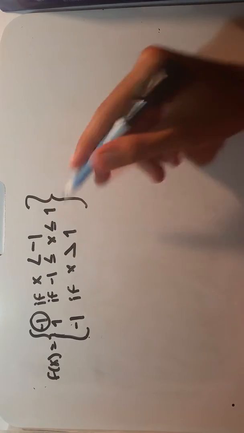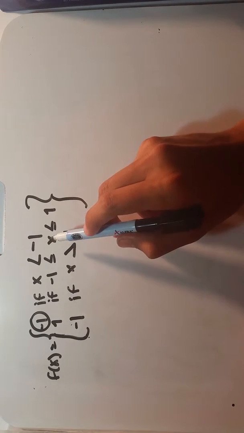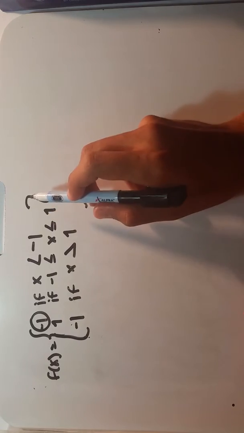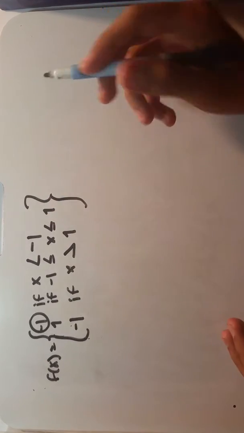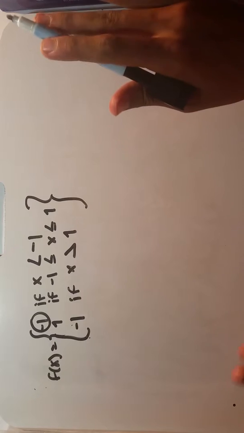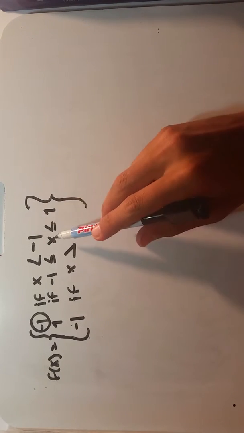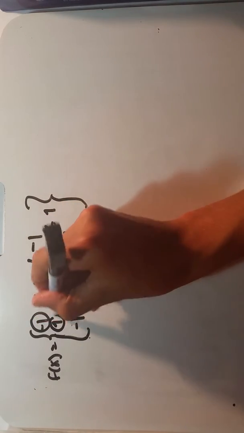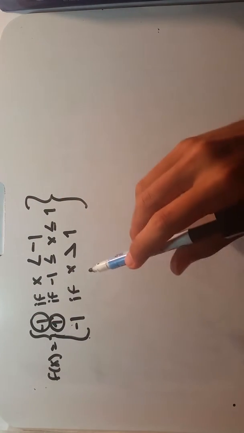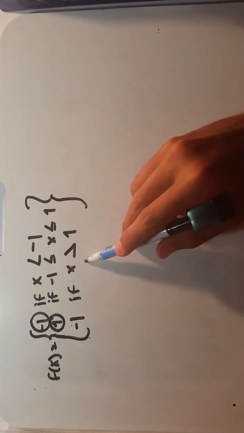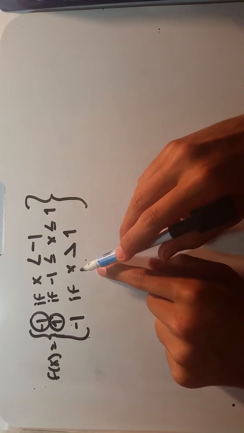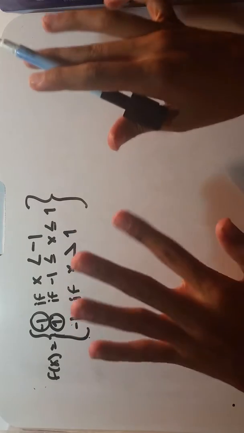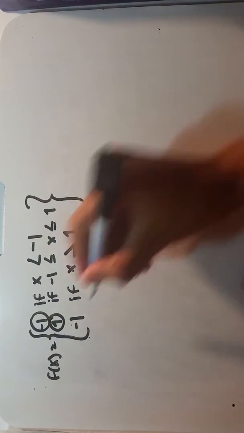This will be -1 less than or equal to x, and at the same time x is less than or equal to 1. So this function means that any value of x that is less than 1 or 1 will be equal to 1 in y. And in the third piece, when x is greater than 1, all the values in y will be -1.